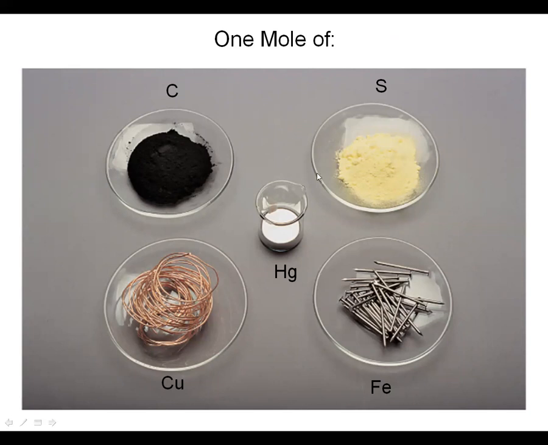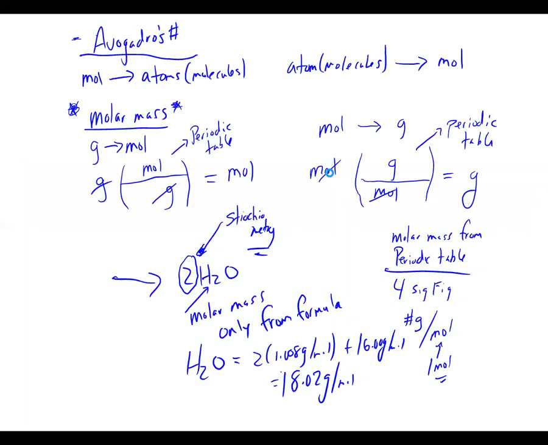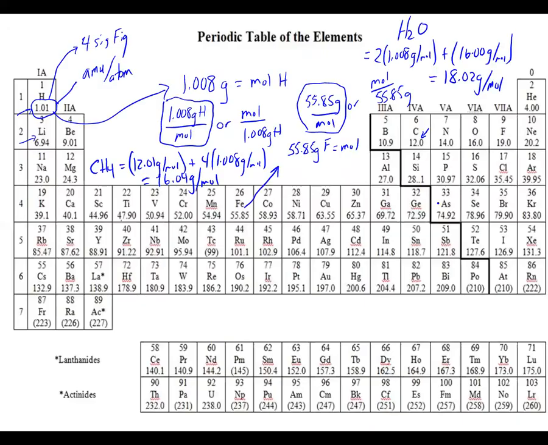So we have sulfur, for example, we have iron, we have mercury. And when we think about 1 mole of a particular substance, it may not look the same in terms of amounts. For example, if I took 1 mole of sulfur based on the periodic table, it would be 32.07, while if I had 1 mole of copper, it would be 63.55.